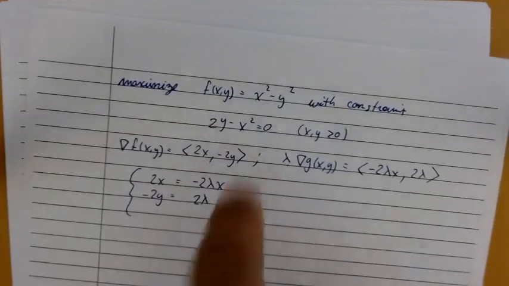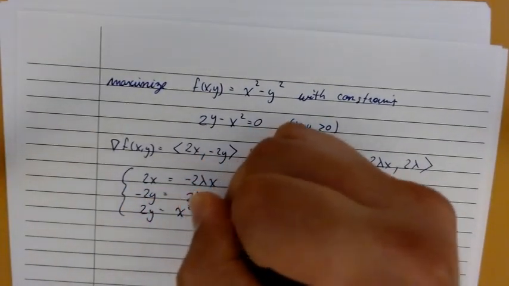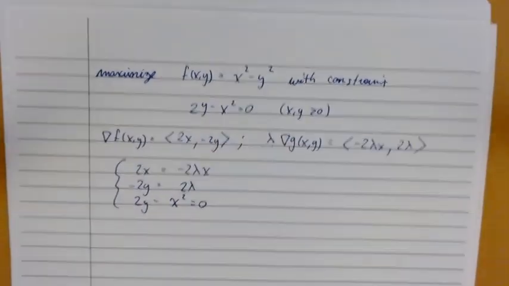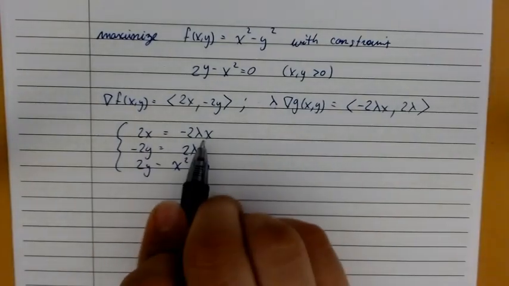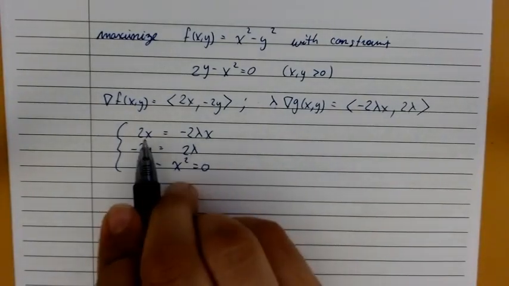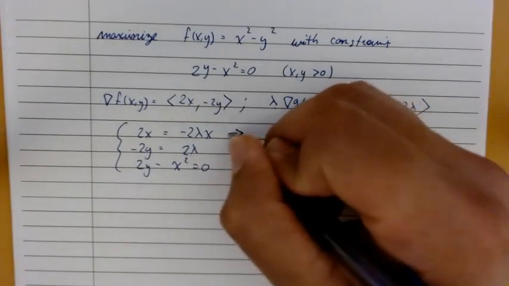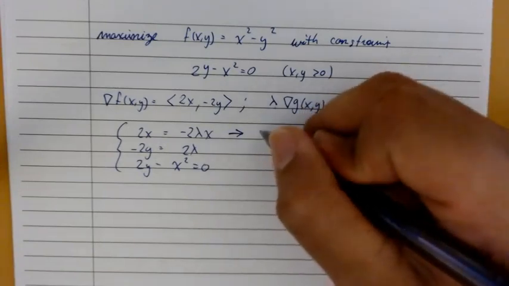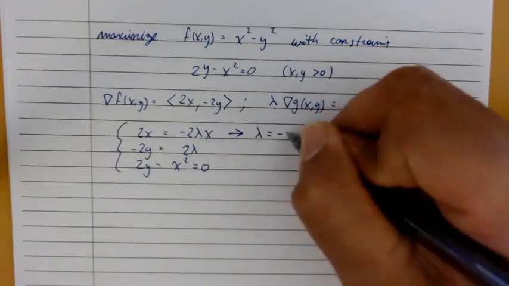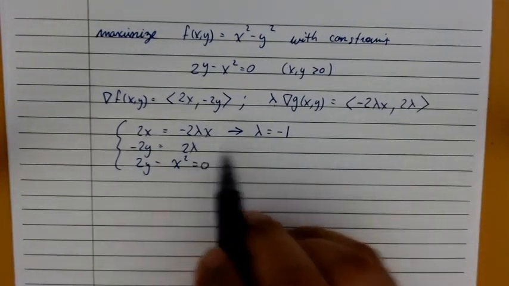And then we want our constraint to be the third equation of our system, equal to 0. All right, so now we can solve. Here, this one's just a constant, so we find that lambda is equal to -1. As I mentioned before, you don't really need to find lambda. In the previous problem we didn't, but if it ever comes up, it doesn't change things either way. Occasionally in the process of solving, you'll find it. So here lambda must equal -1.